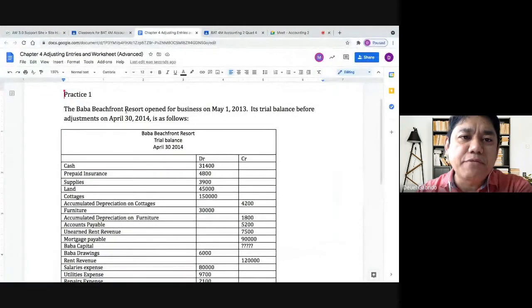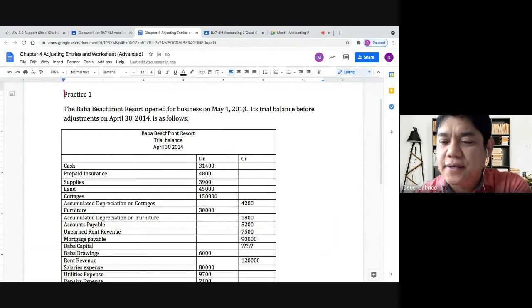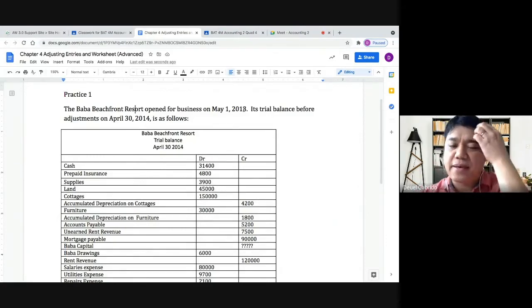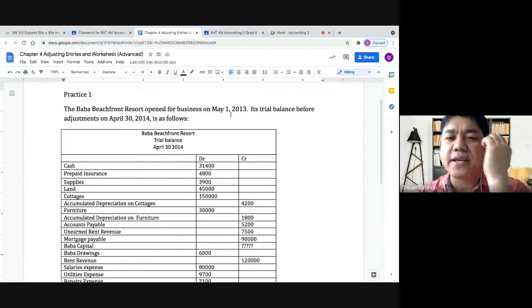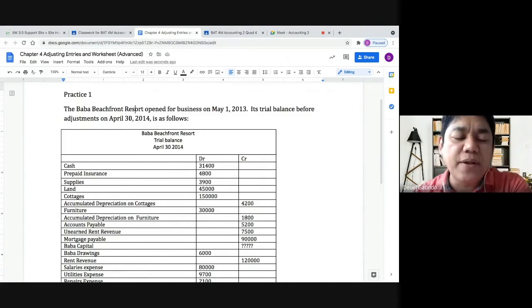Baba Beachfront Resort opened for business on May 1st, 2013. Look at that one, guys. The accounting period did not start on January 1, but on May 1st, to complete 1 year of operation. So of course it's going to end on April 30th next year, 2014.